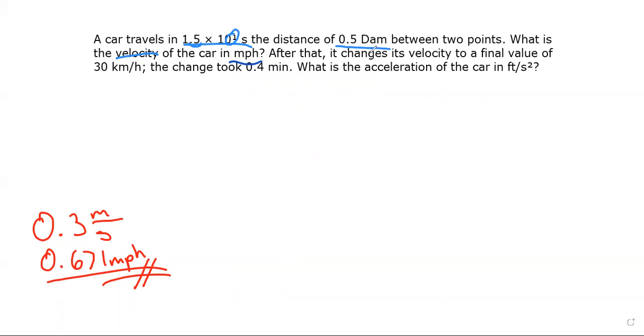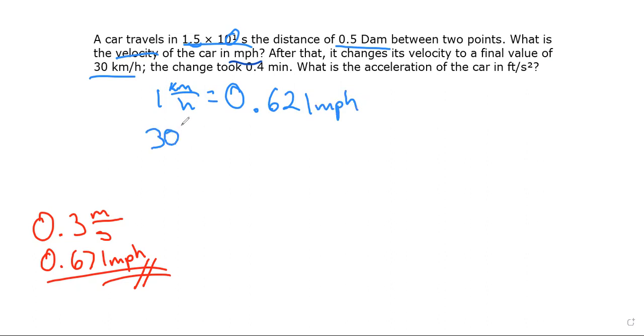After this, it says that it changed its velocity to a final value of 30 kilometers per hour. We also have to change this into miles per hour because we're working with miles per hour. So it's the same, a rule of three. All the problems are pure rule of three, so there wouldn't be any problem. We have that 1 kilometer per hour is the same as 0.621 miles per hour.